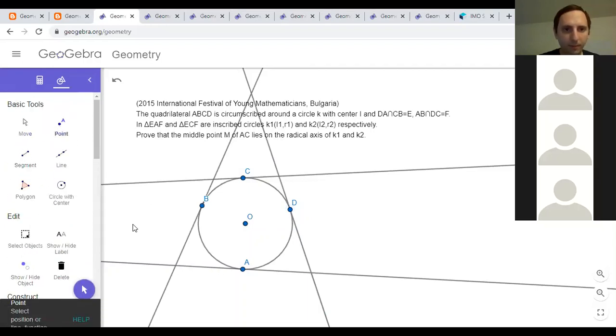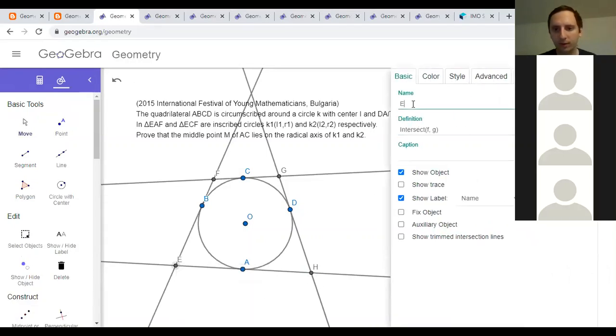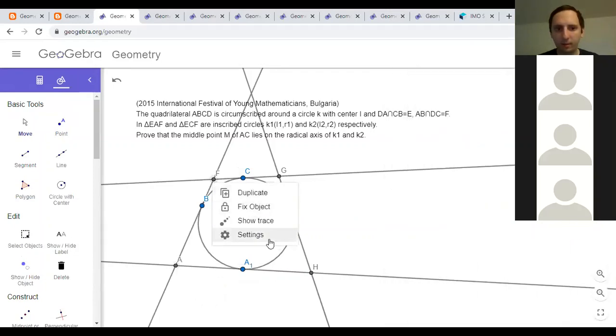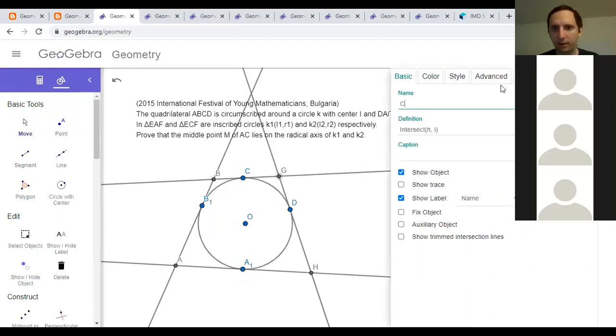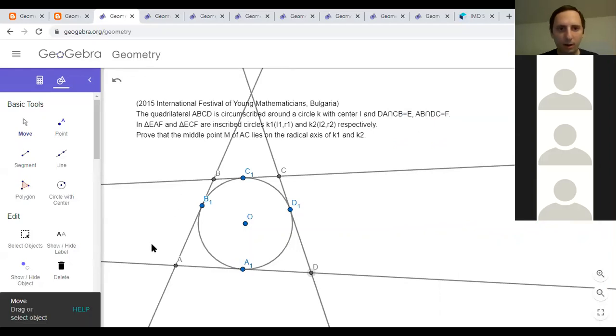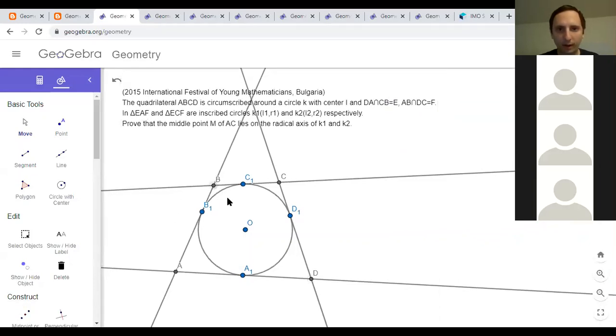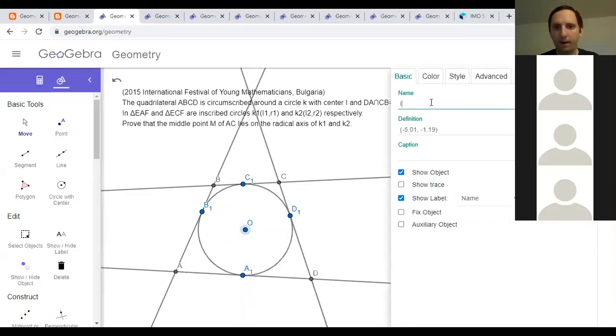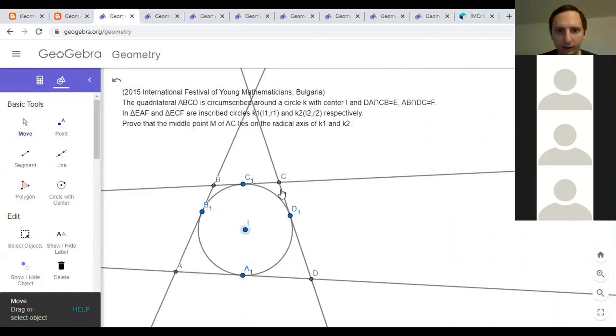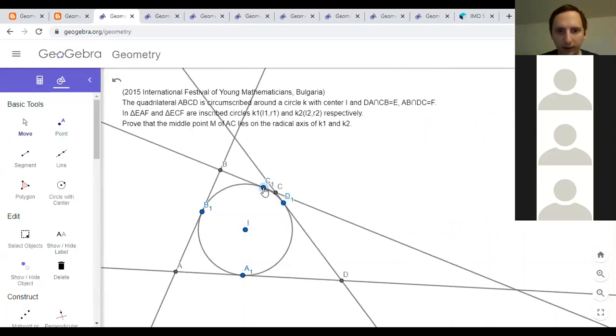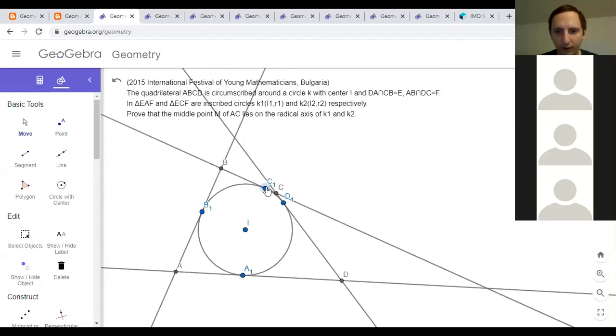We want to rename E, F, G, and H as A, B, C, and D. The center, they say, is I. DA intersects BC at E. Let me draw it like that.